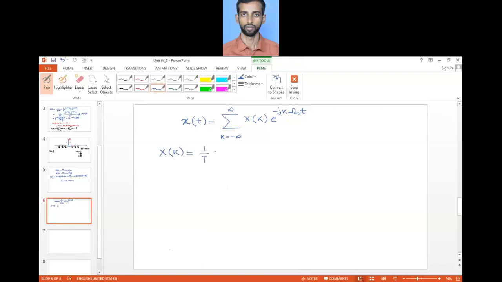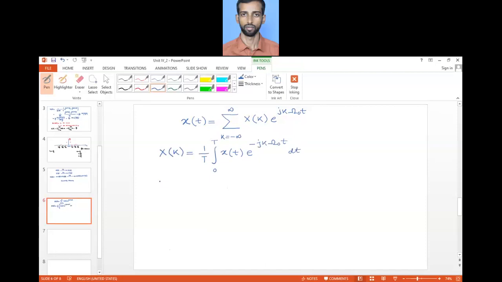1 by T integration over 0 to T x of t e to the power, sorry, there should be a plus sign there only, so minus sign, this is plus, yeah, e to the power minus j k omega naught t dt.